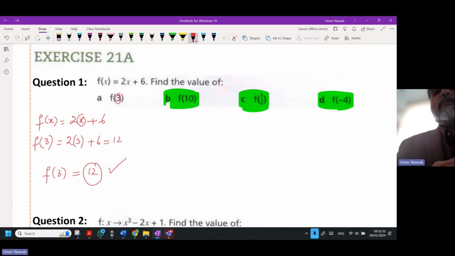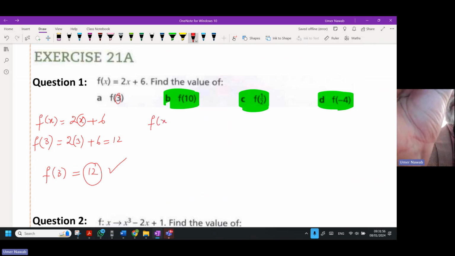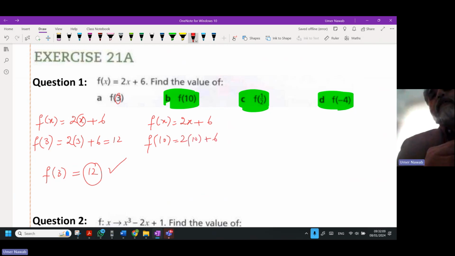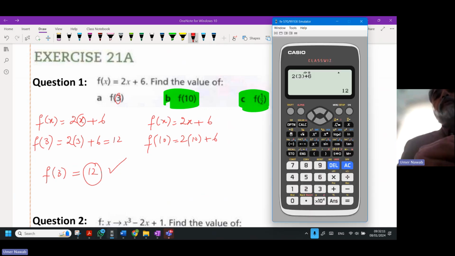Shall we apply the same procedure in part B? Okay, I'm gonna rewrite the function 2x plus 6. But now in the place of x, I'm going to plug in the input 10. So when I write 10 over there, the time has come to compute this expression.